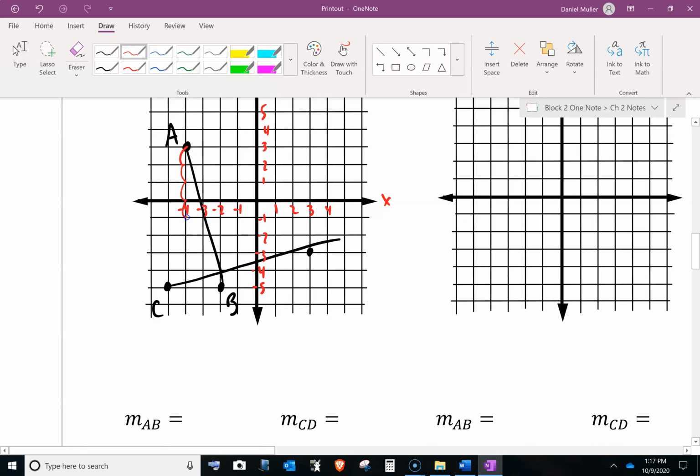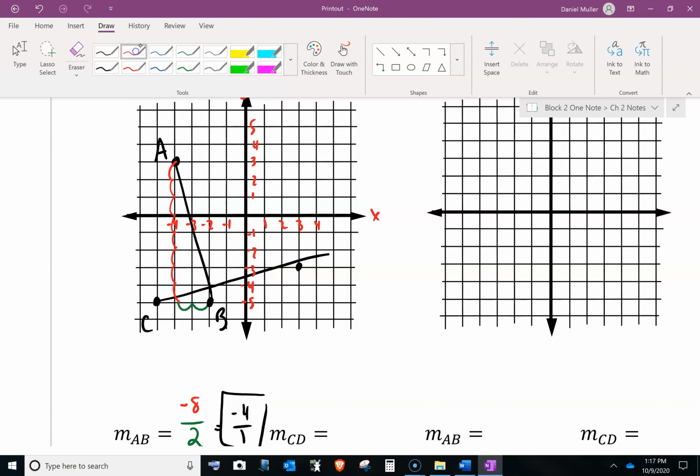1, 2, 3, 4, 5, 6, 7, 8. So down 8 and 2 to the right. So that would be a -4 over 1 once we reduce that. Both could be divided by 2. Now with my C here, with this line, I have a rise of 1, 2, so +2.